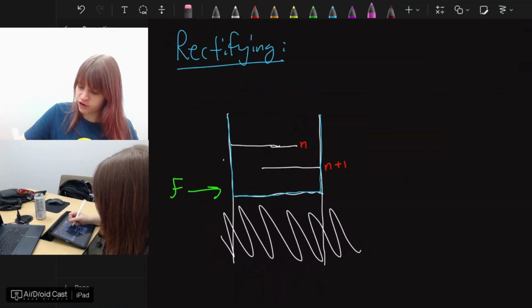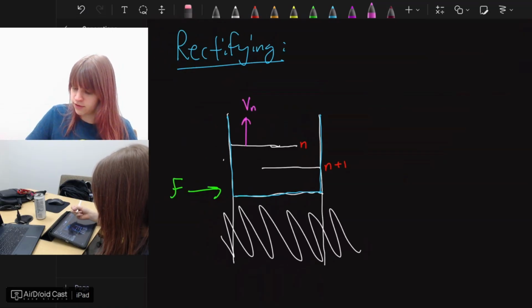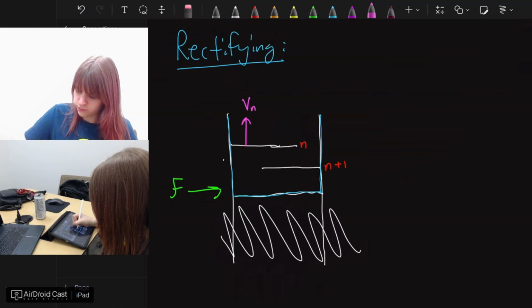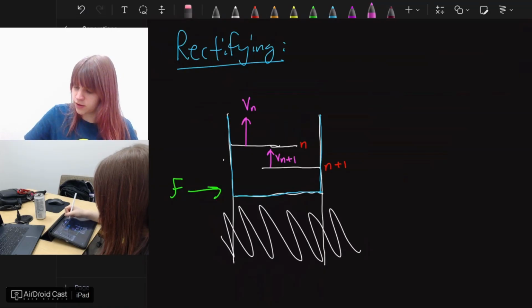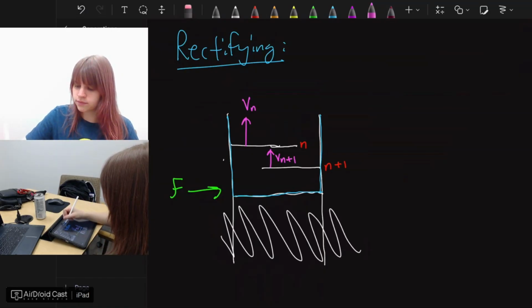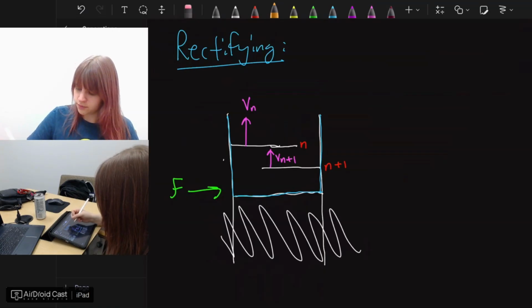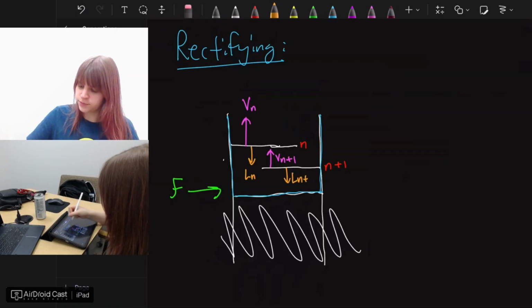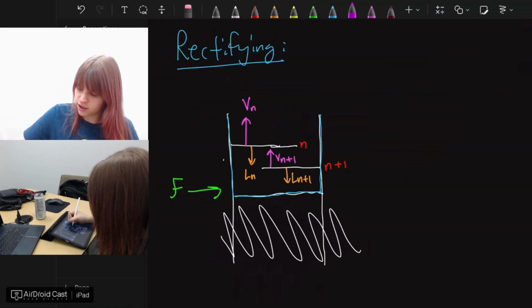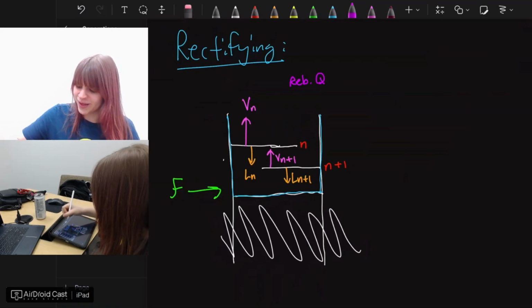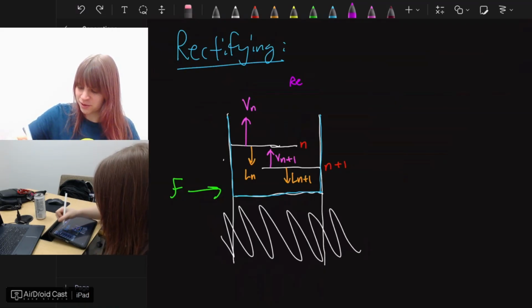From this top tray we have a vapor leaving, that is Vn, and from this tray we have Vn+1 because it is below, and that's just how we write that. Then we have a liquid coming down from stage N and a liquid coming down from stage N+1. And then we can't forget our condenser at the top.